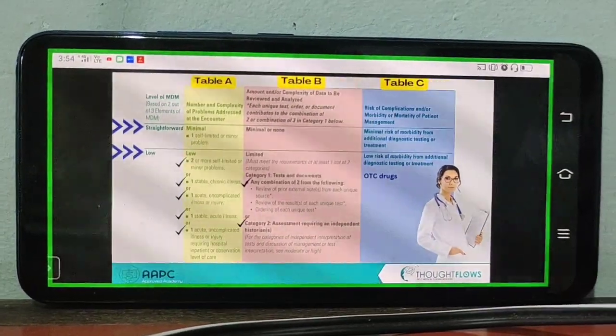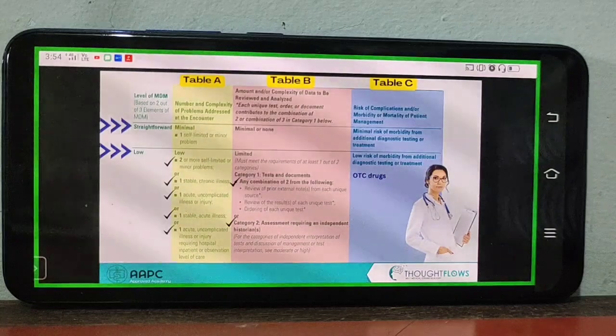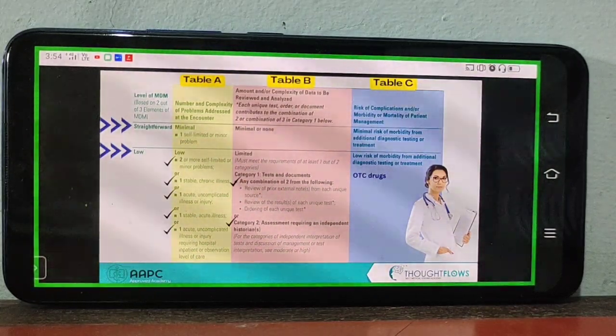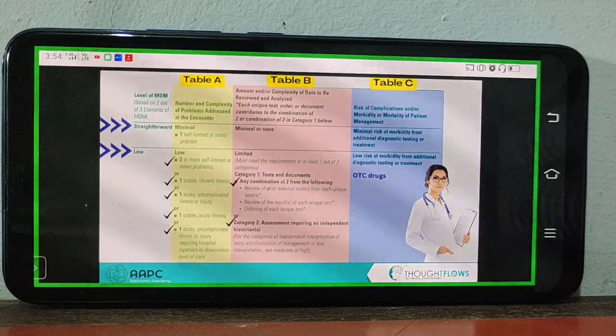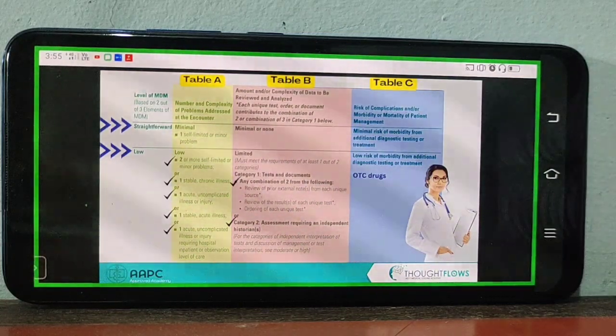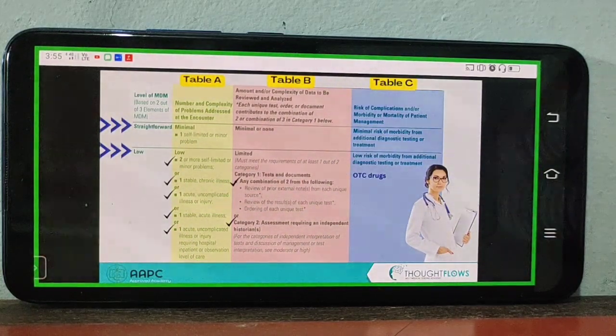One stable chronic illness. What are the examples of chronic illness? CKD, take a note. Chronic kidney disease, hypertension, diabetes mellitus, COPD, asthma, hyperlipidemia.